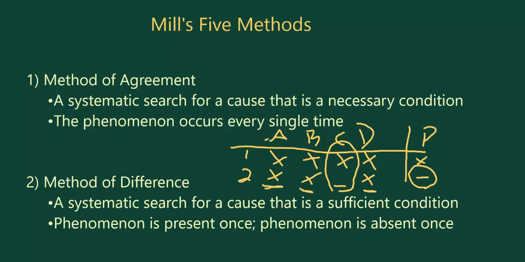So A can't be a sufficient condition, B can't be a sufficient condition, and D can't be a sufficient condition. They all got falsified. The only condition that doesn't get falsified here is C. So this is probabilistic evidence that C is a sufficient condition for P, for our phenomenon.